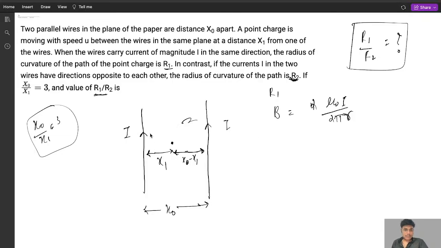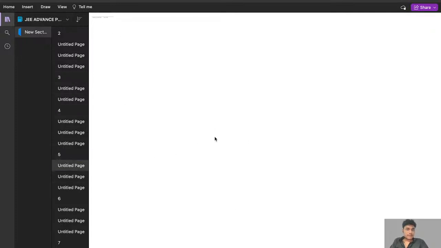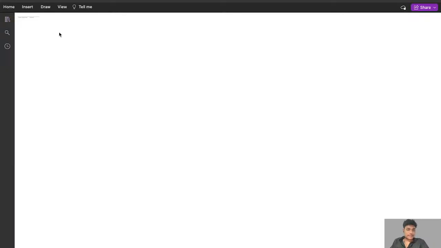So if I call the first, that is in the same direction, right? Wait a minute, let me go to the next page. Okay, let it be condition C1 and C2, condition 1 और 2 इसमें.